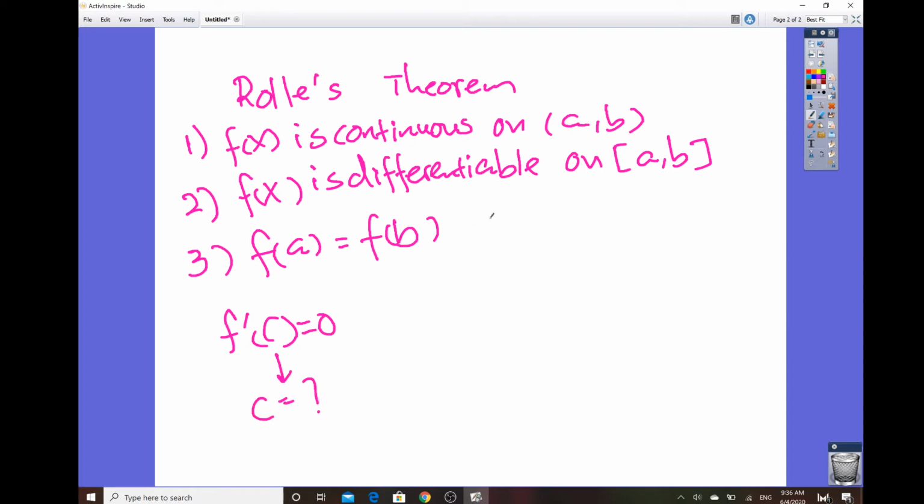So for number 22, here's what we got. y equals negative x to the power of 3 plus 3x squared plus x minus 1 on the closed interval negative 1 and 3.